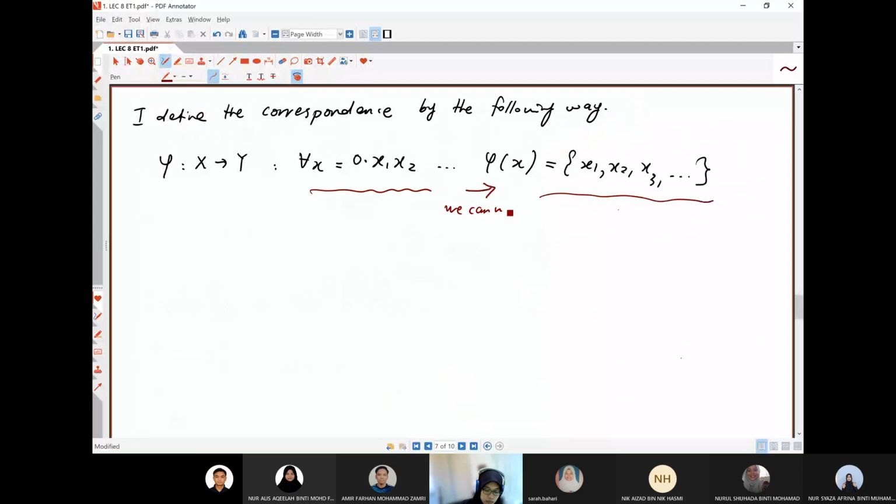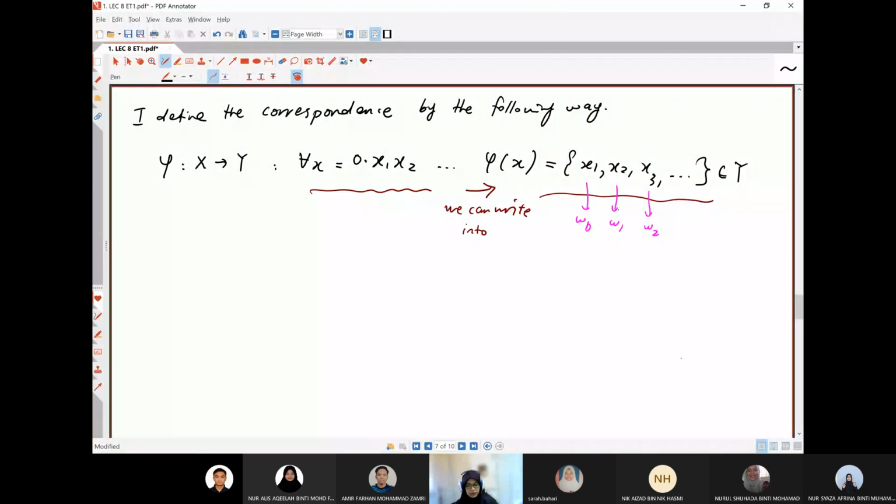The first digit x1 here is actually omega 0, x2 here is omega 1, x3 here is omega 2, which is actually taken from y. Okay. Can you understand? Because we want to define the one-to-one correspondence for phi.